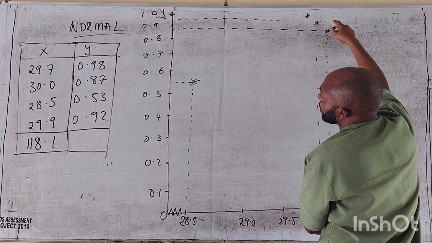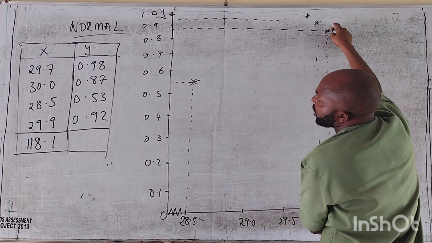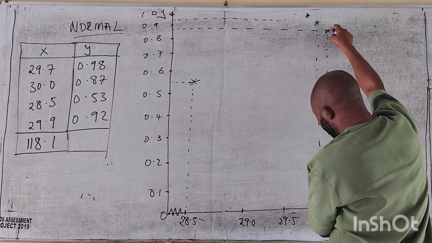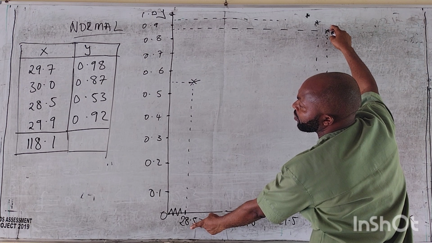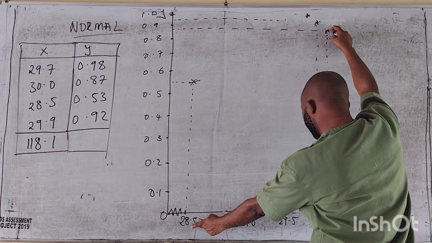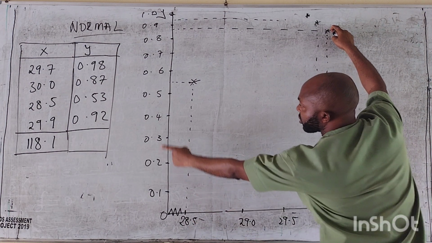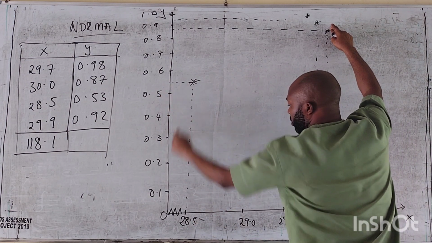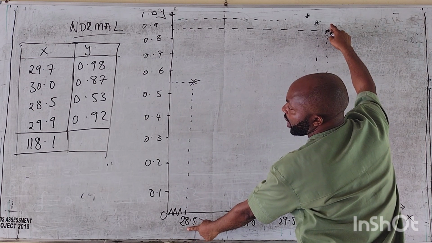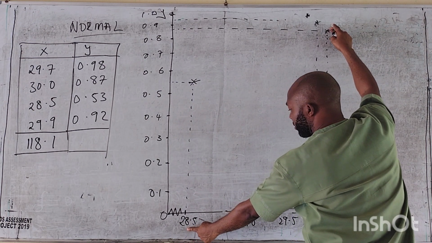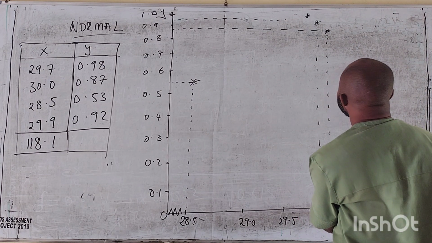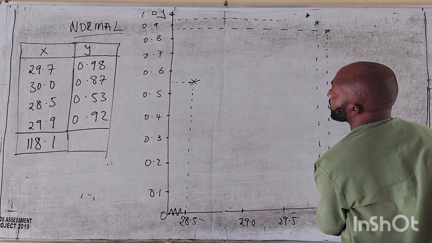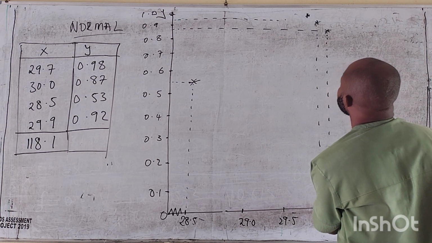And the other one is 28.5 to 0.53. Okay, 0.53 somewhere here. That's correct. And 29.9, the last one, somewhere here to 0.92, which is somewhere here.